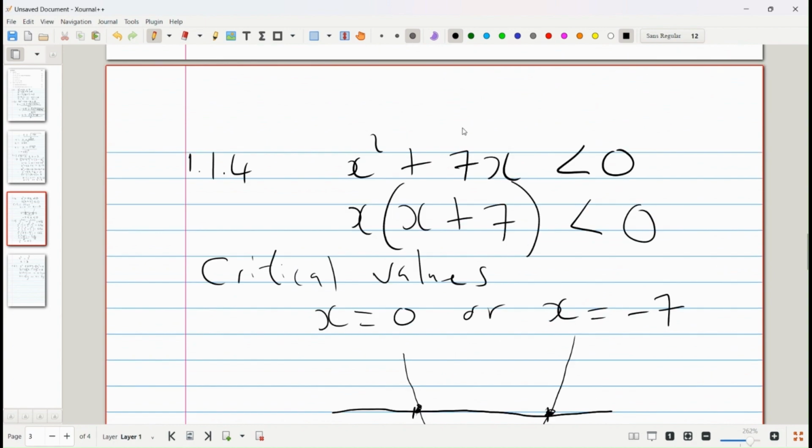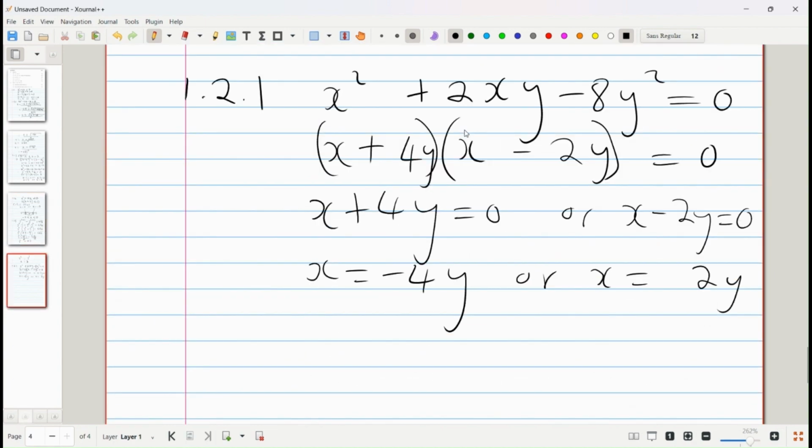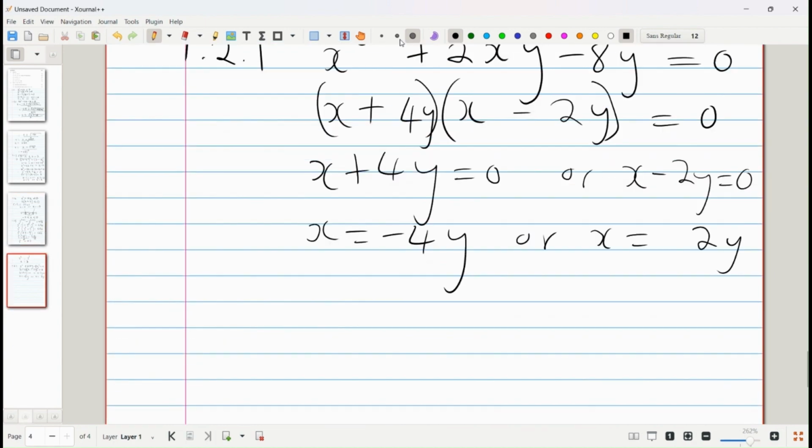So if you can check here, for us to get the ratio x divided by y, here we already have x equals to negative 4y. So we can divide by y here and also divide by y here such that it cancels here.